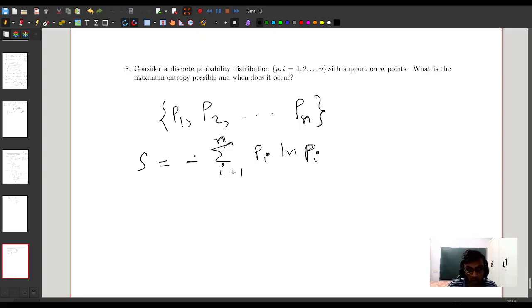So from this we can guess that if all the probabilities are equal, so that no particular outcome is favored compared to the other outcomes, we might expect that the entropy is maximum, and that is indeed the case.